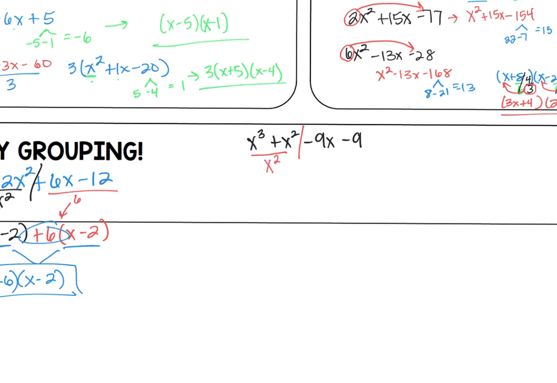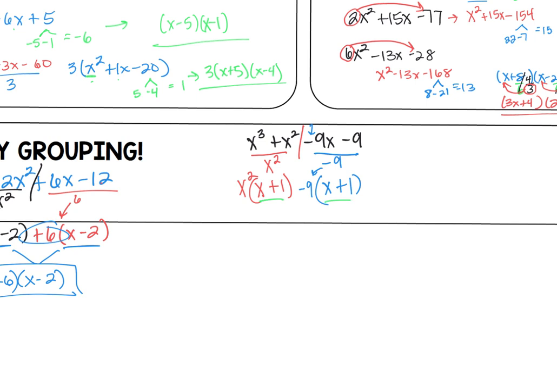When I take 2 x's out of each, I'm left with 1x plus 1, and then put x squared on the outside. My second grouping of negative 9x minus 9, because my first term in this grouping is negative, I make my GCF negative. If I divide each of these terms by negative 9, I get positive 1x plus 1. I wrap it up and put negative 9 on the outside.